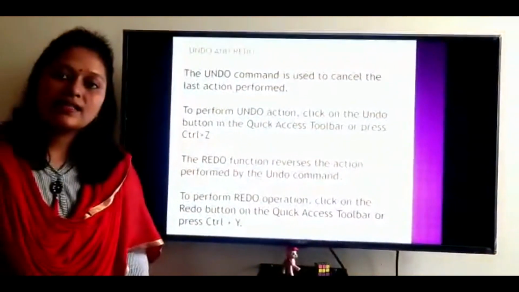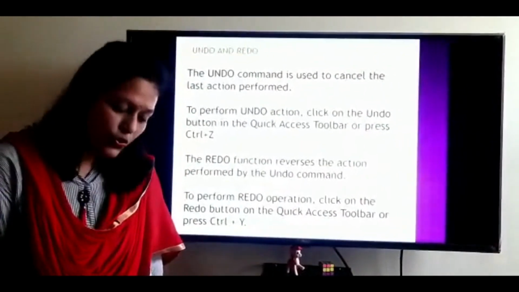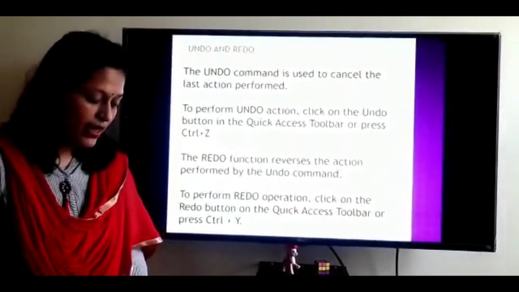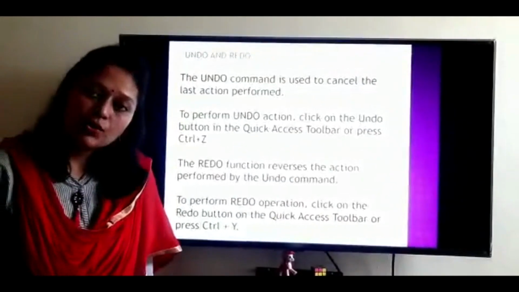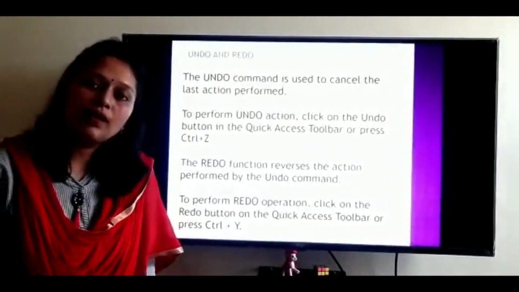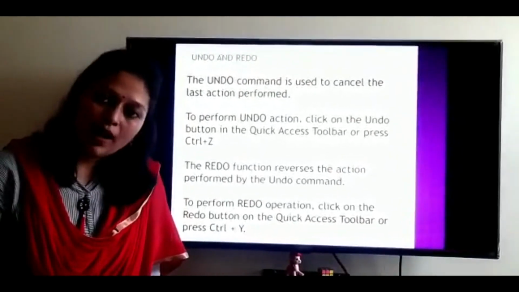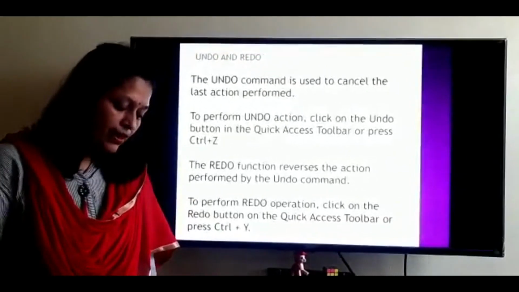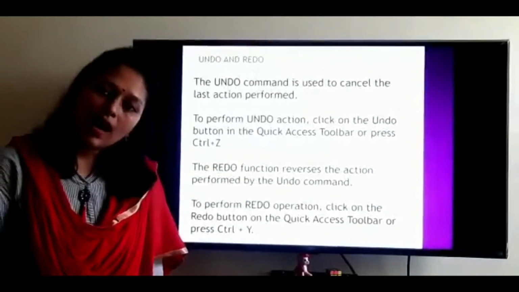Now next is undo and redo. The undo command is used to cancel the last action performed. To perform the undo action, click on the undo button in the quick access toolbar or press Ctrl plus Z. This is the shortcut key to perform undo, Ctrl plus Z. The redo function reverses the action performed by the undo command.